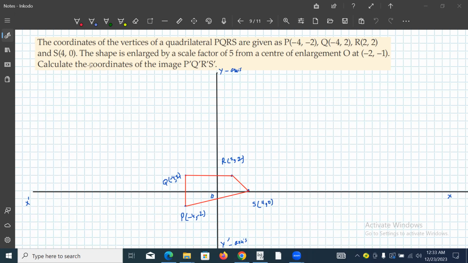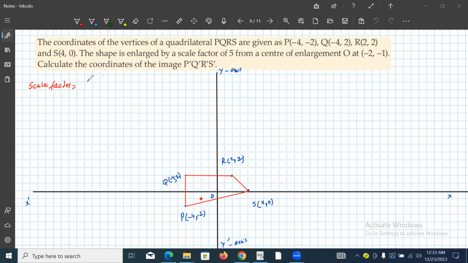Now remember that the enlargement scale factor is 5. One more thing, we are given the center of enlargement, which is -2, -1: 2 units left and 1 down. Remember this point. This point is O, and let's suppose we are looking at OR first.